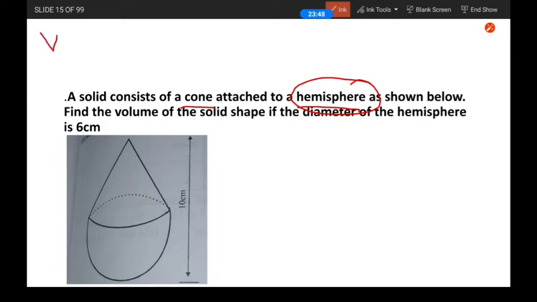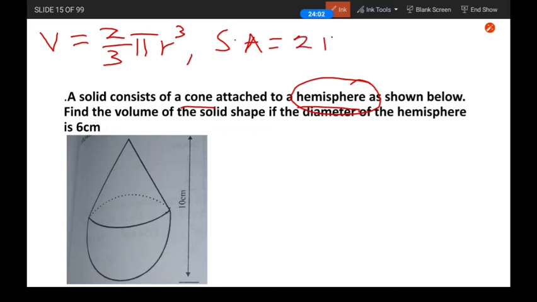And the volume of a hemisphere, from the sphere we just did, will be 2 over 3 pi r cubed. Please go and learn that. While surface area is 2 pi r squared. Then the total surface area of a hemisphere is 3 pi r squared. Please jot all these things down.